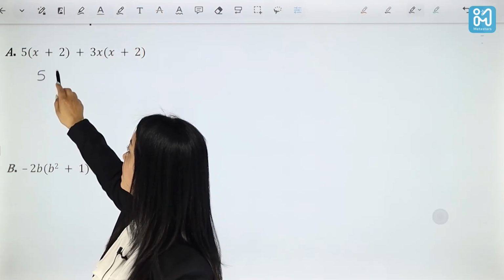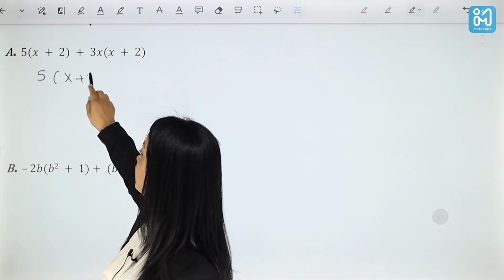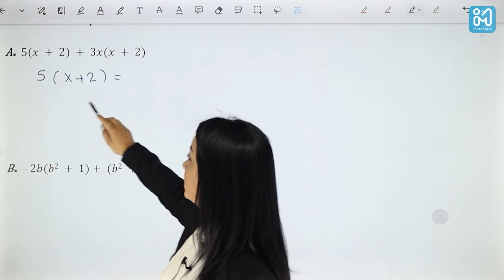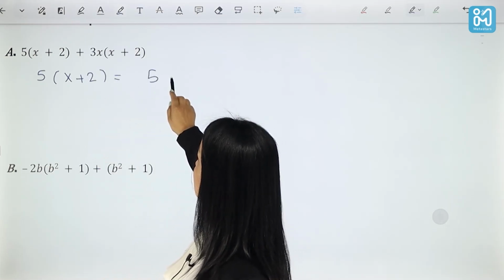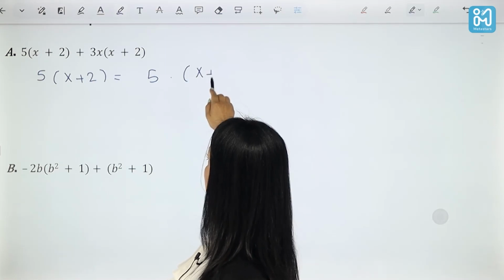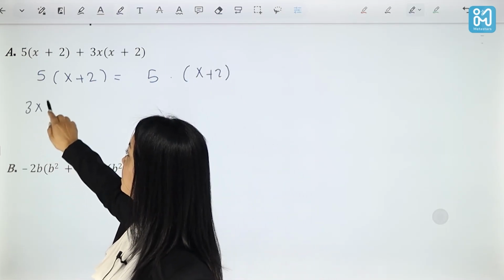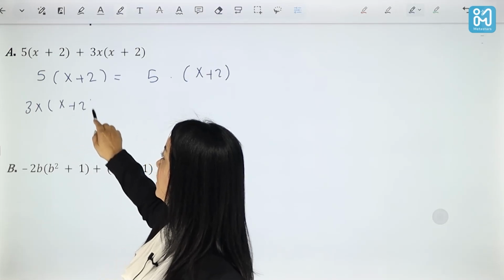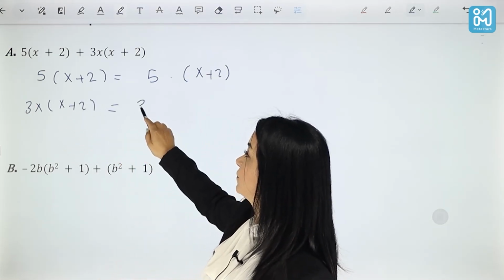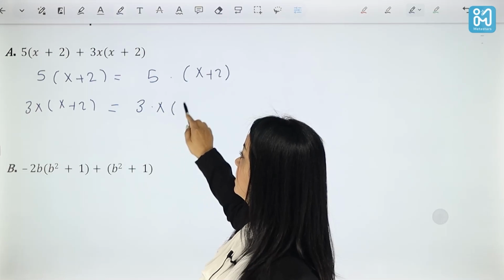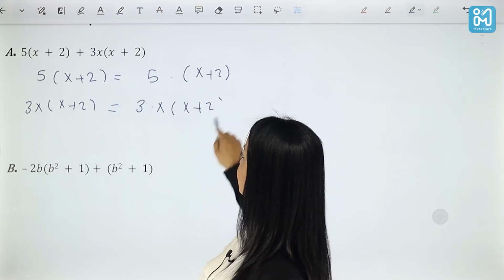And the second one is 3x times x plus 2, which is 3 times x plus 2.